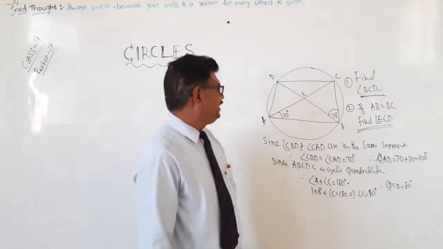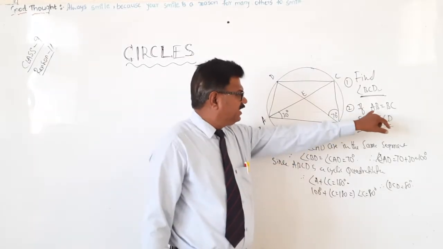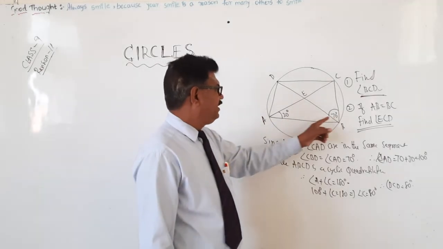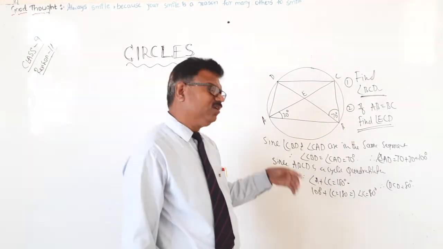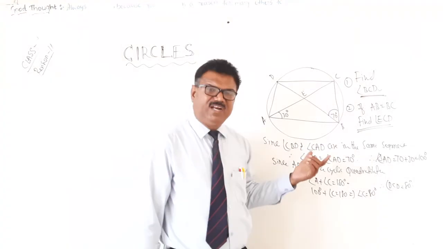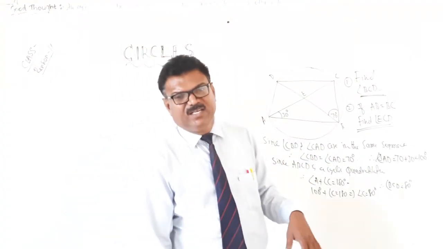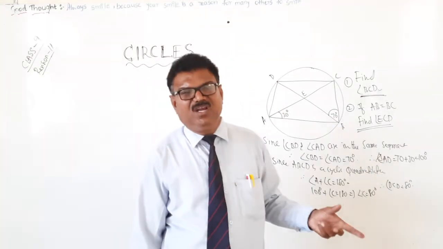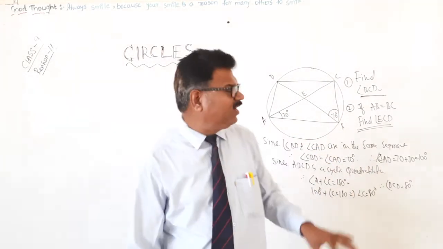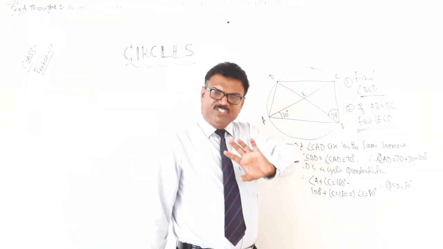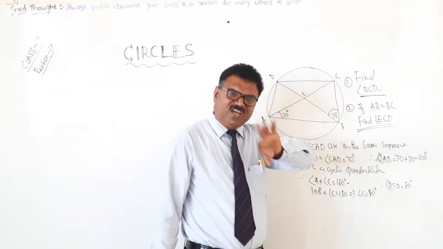In the next option, in triangle ABC, he is telling that AB equals BC. AB equals BC means which type of triangle? Isosceles triangle. Very good. Isosceles means either two sides are equal or two angles are equal. Here he has given two sides, therefore the angles opposite equal sides are equal.